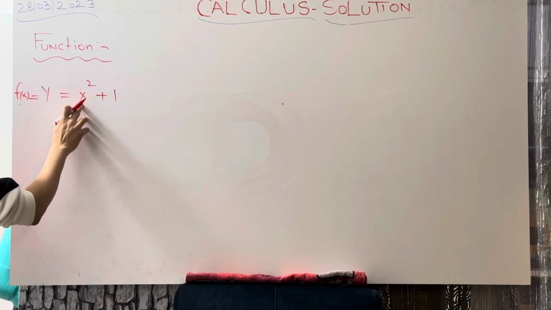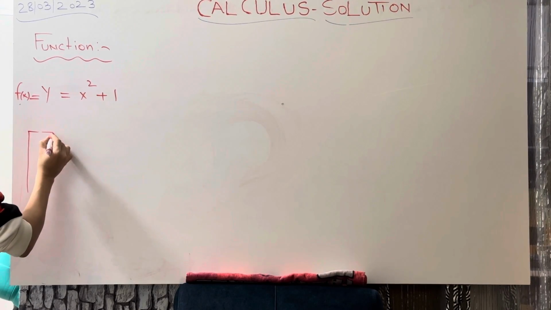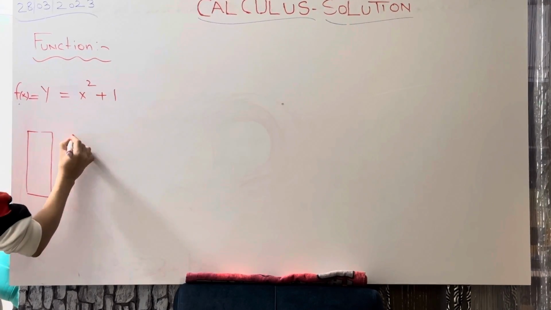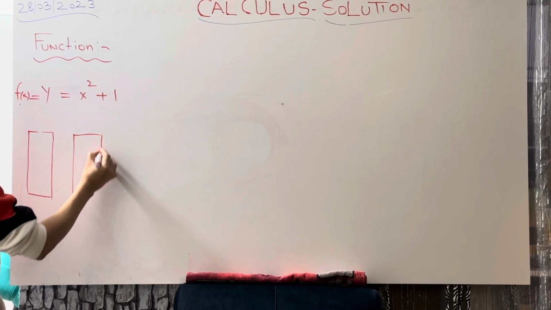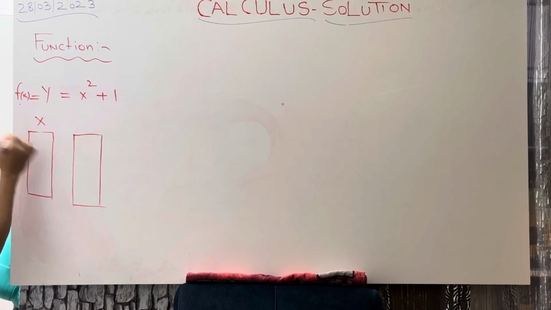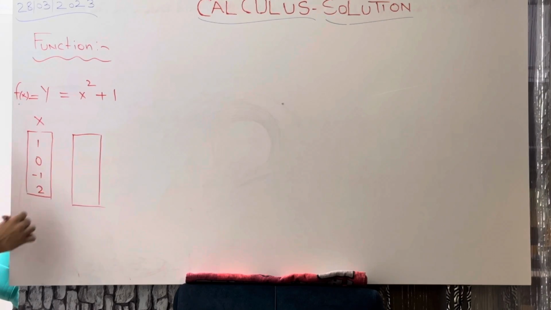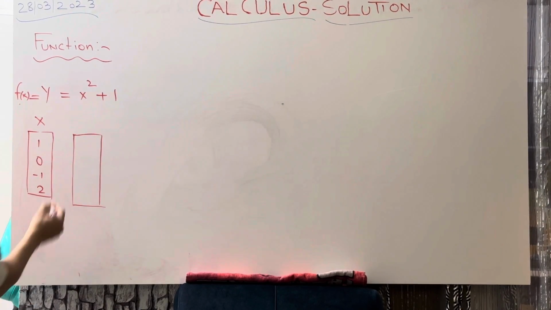This is x, right? For example, you have a lot of values. I am going to take x is equal to 1, 0, minus 1, 2, any values. And corresponding to these values, we will find out y.